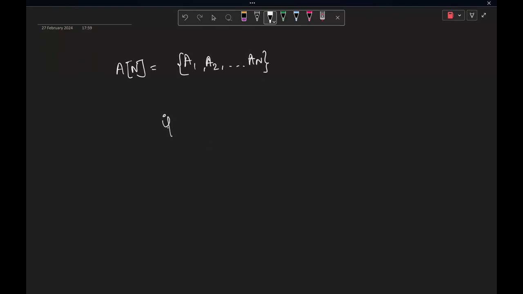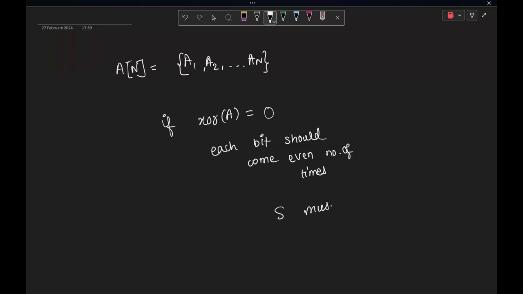If I want the XOR of the array A to be equal to 0, then each and every bit should come an even number of times. Since each bit has to come an even number of times, S must be even.